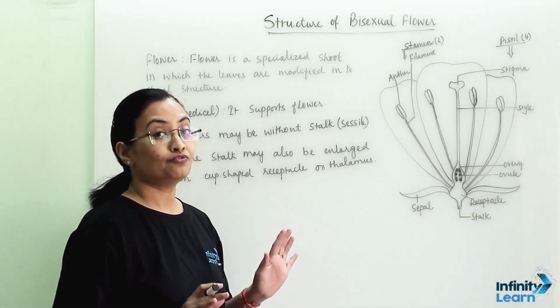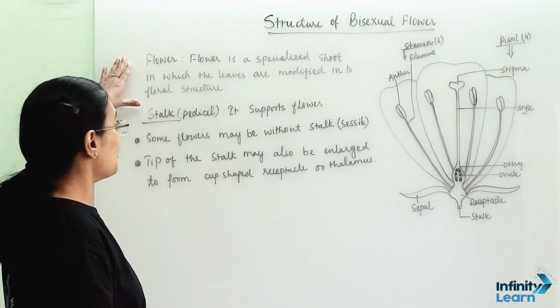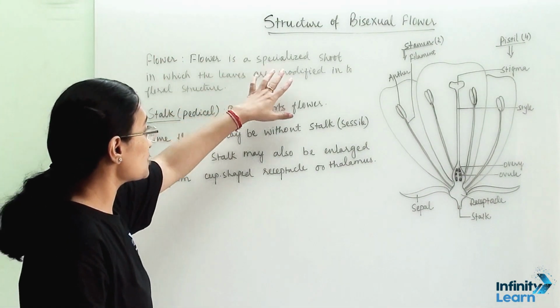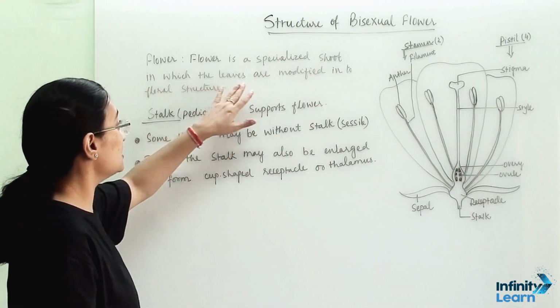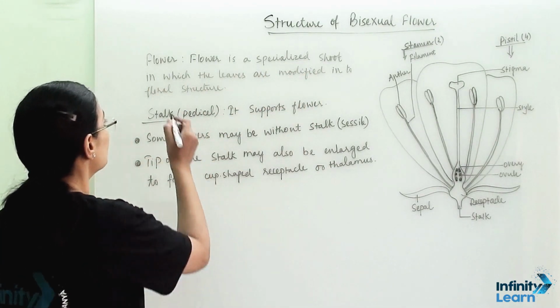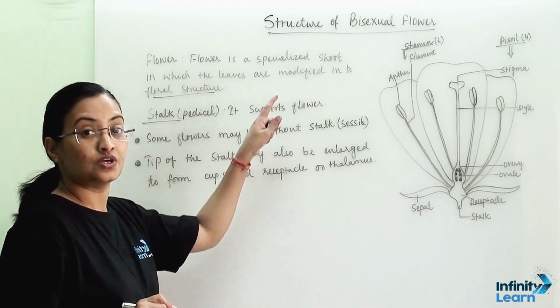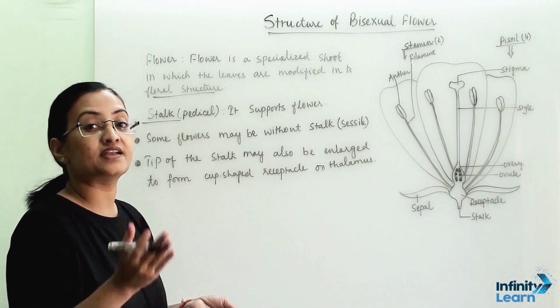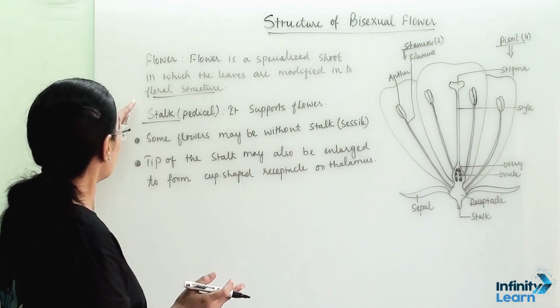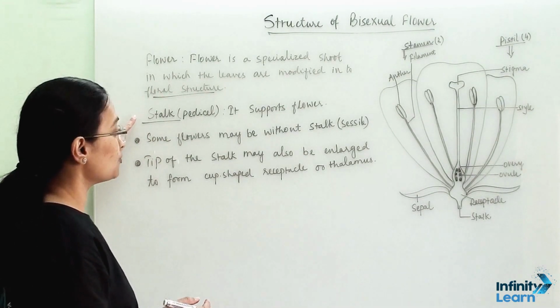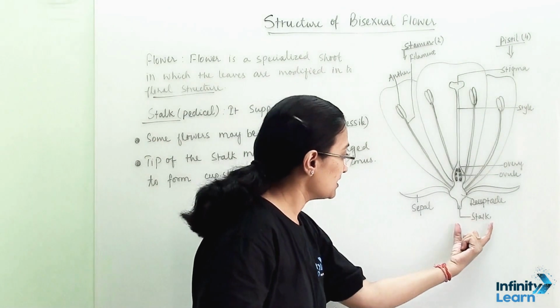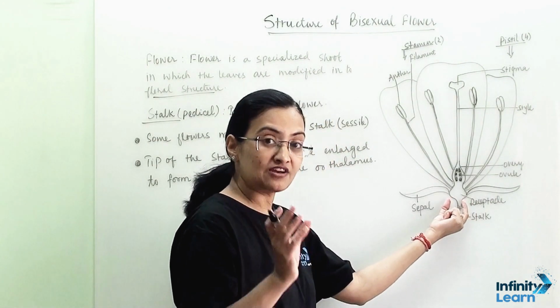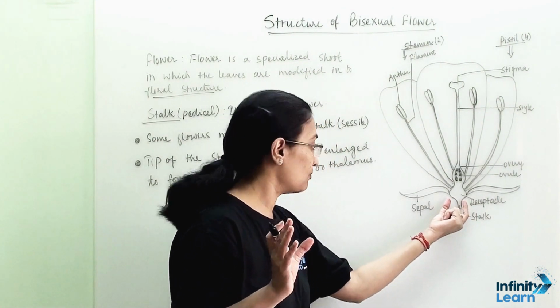Now first of all, flower. We can define a flower like this: a flower is a specialized shoot in which the leaves are modified into the floral structure. So this is a special modification of the leaves, which are modified as flower or floral structure. Now first of all we are talking about the stalk here, and this stalk's main function is to support the flower.